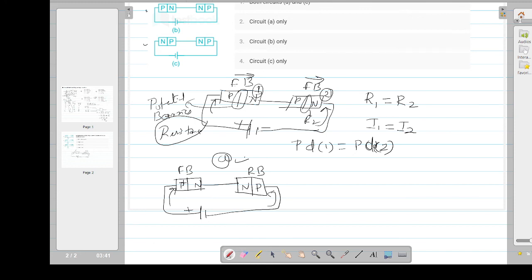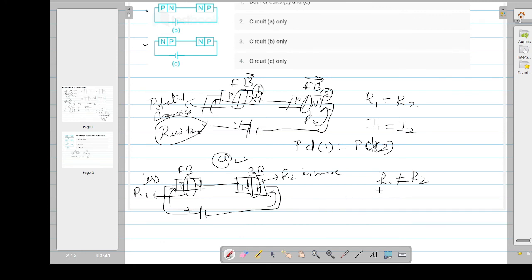In forward bias, the depletion region is very small, meaning the resistance value is lesser. In reverse bias, the depletion region is very large, so the resistance R2 is more. So R1 is not equal to R2 here.